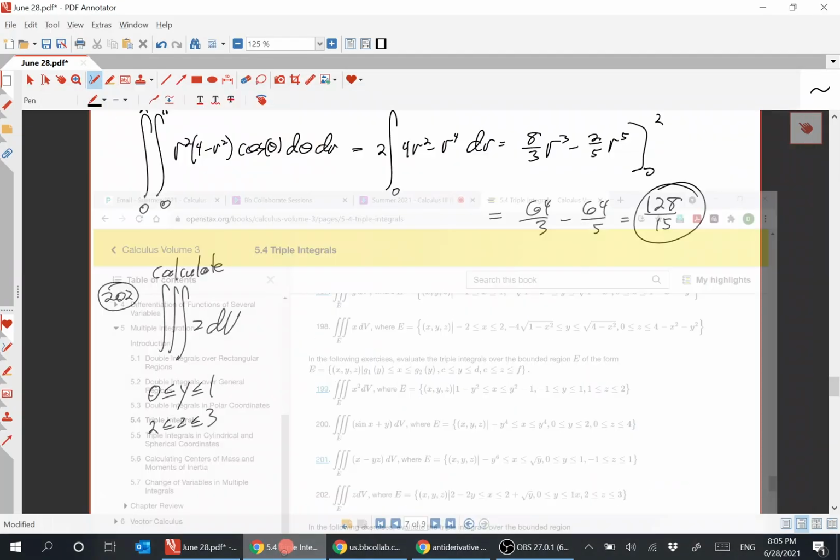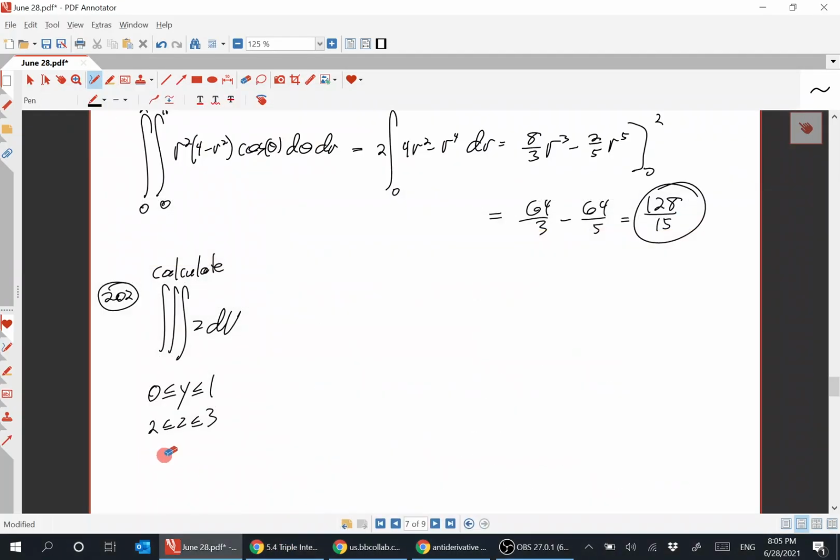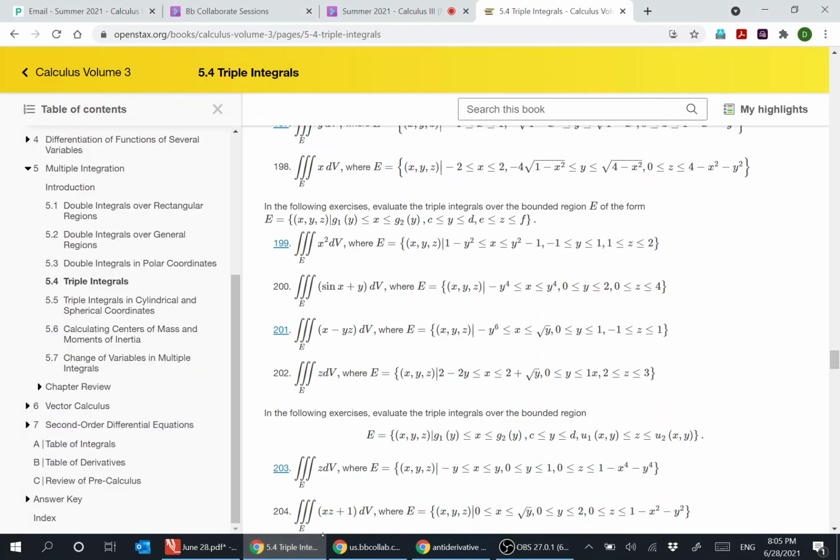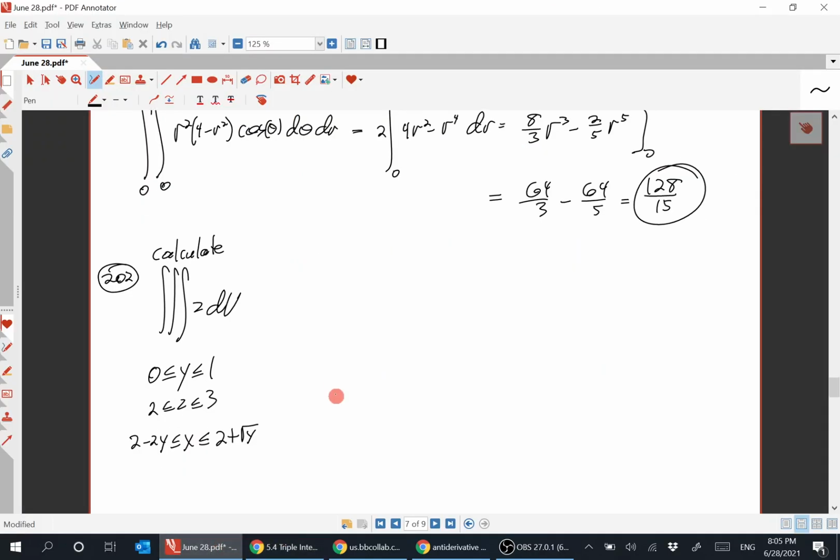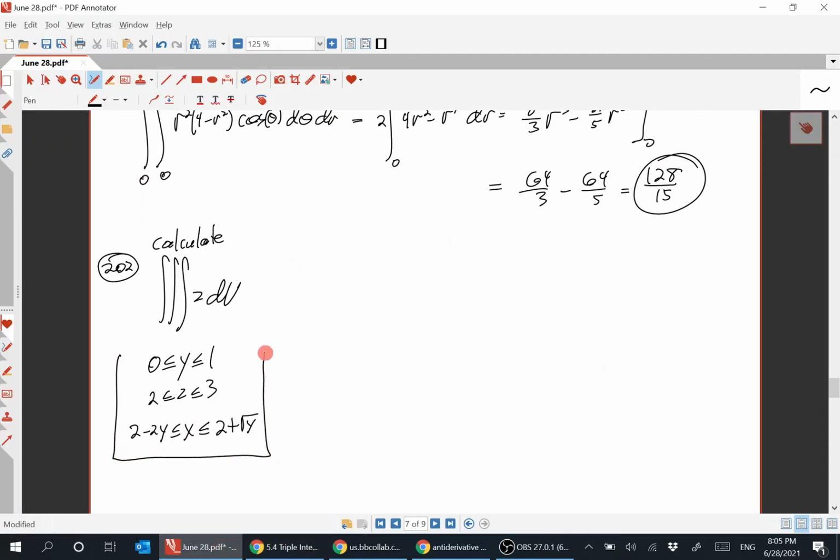And 2 minus 2y less than or equal to x less than or equal to 2 plus square root y. Okay, so again, the triple integral over E, where E is this region. The first variable is bounded by constants.